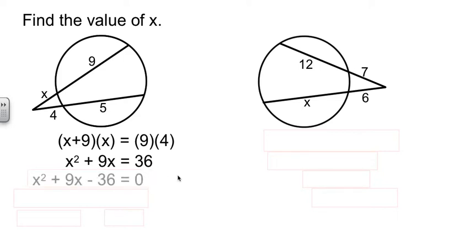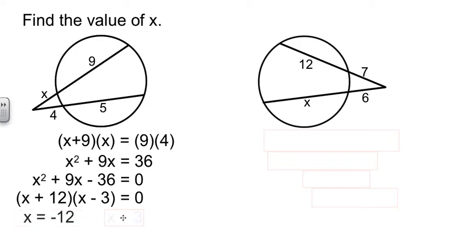Let's just subtract the 36 over. Now we can factor. When we factor that, we get x plus 12 times x minus 3. So x equals negative 12, or x equals 3. Since we're talking about a distance, the negative one doesn't make a lot of sense. So x equals 3 is the only solution we get.